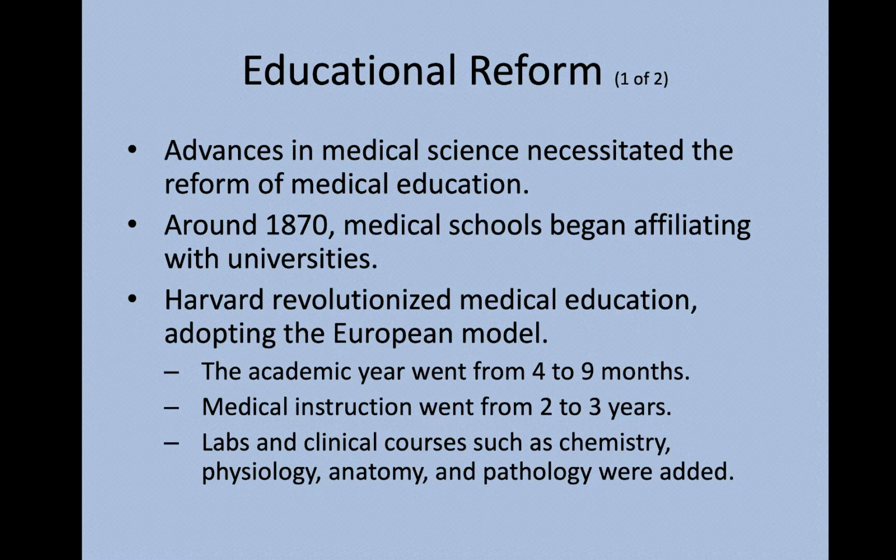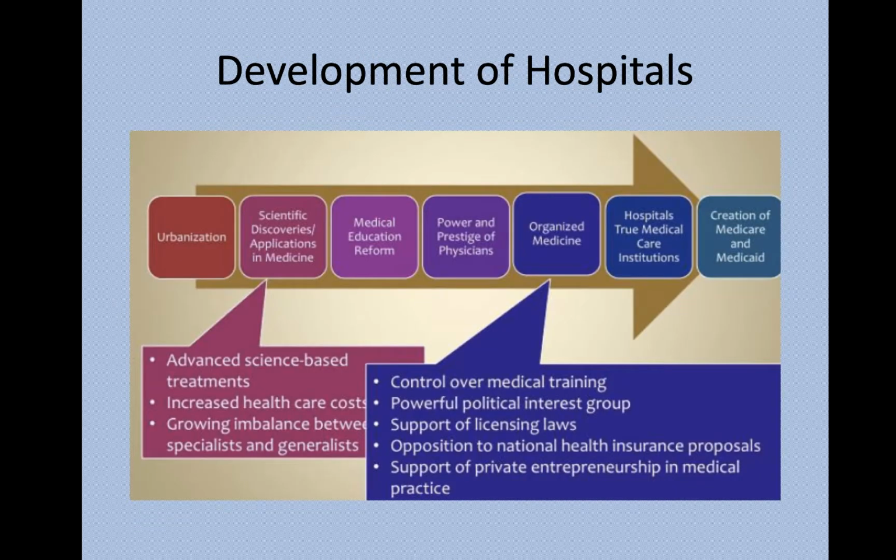Then we have educational reform. And we start to see Harvard coming in with their medical school, Johns Hopkins with their medical school. And so then we also see the development of hospitals. And so you can see with we get urbanization, we get discoveries, we get medical reform, we get power and prestige of physicians. We then get organized medicine.